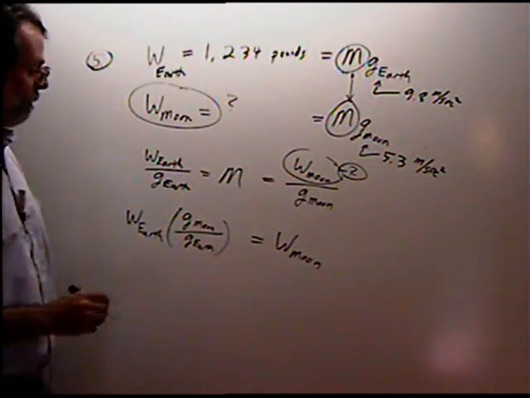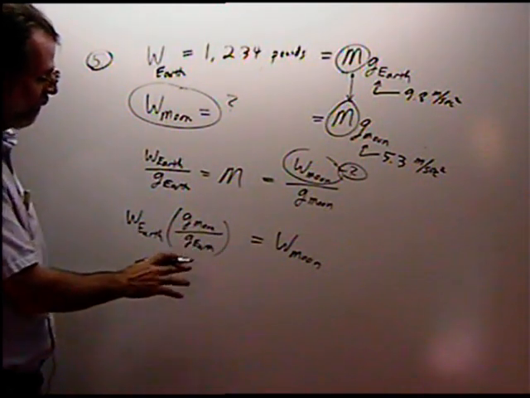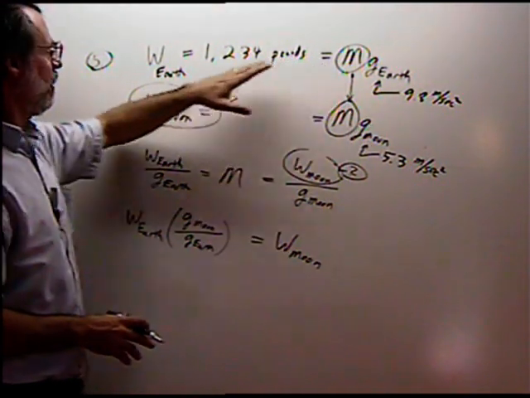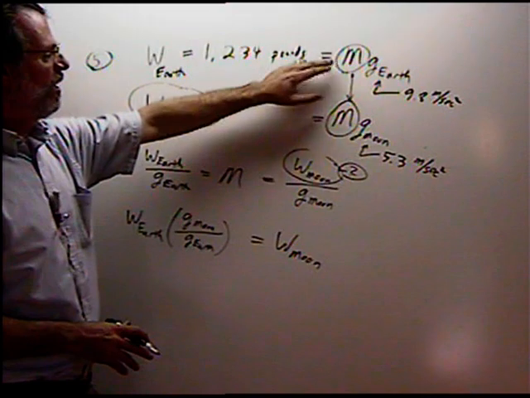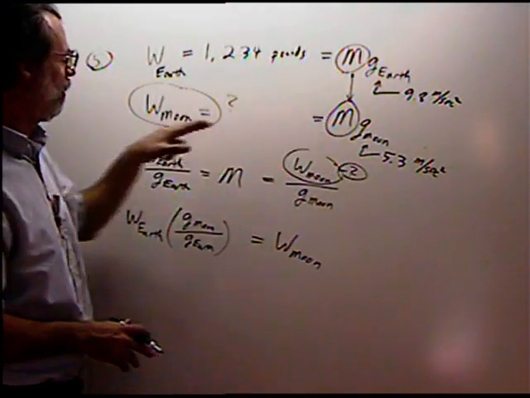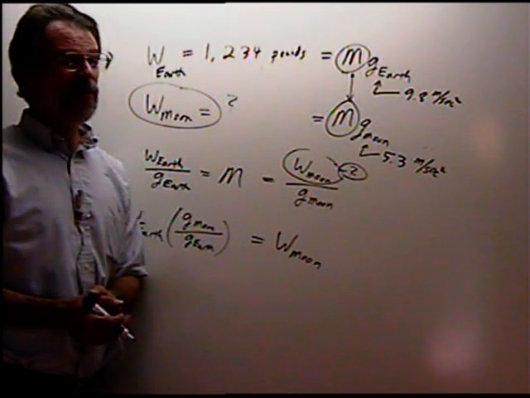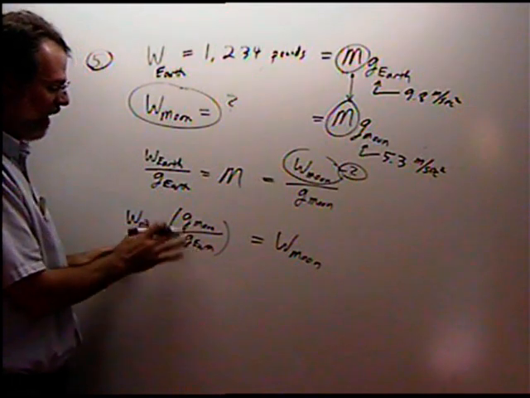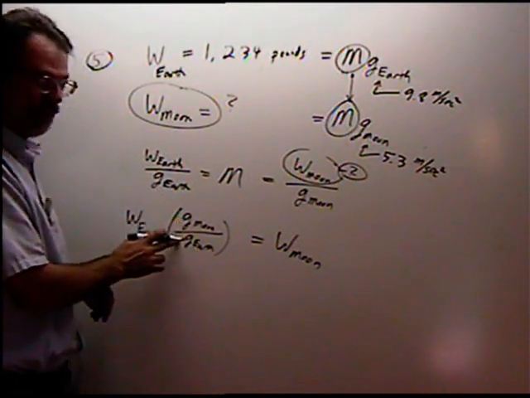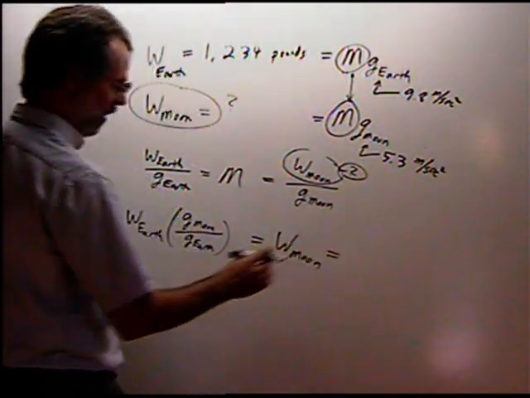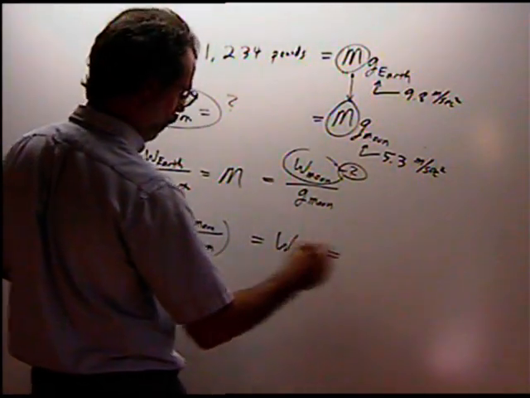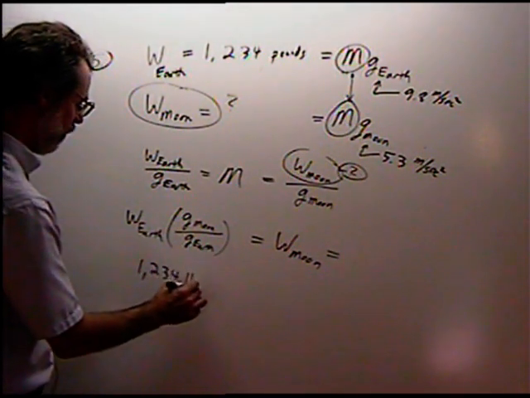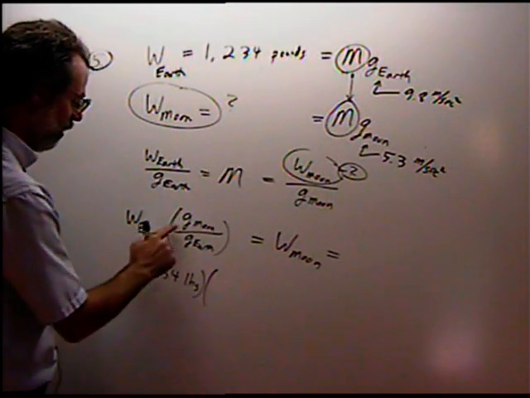So I'm solving this problem. I could have gone ahead and solved for the mass using the first equation, and then put the mass in here and solve for the weight. But actually, I don't even really have to solve for the mass, because I can use this ratio of gravity on the moon to the gravity of the Earth. So what do I end up with? Here's the weight, 1,234 pounds, times the ratio of the gravities.